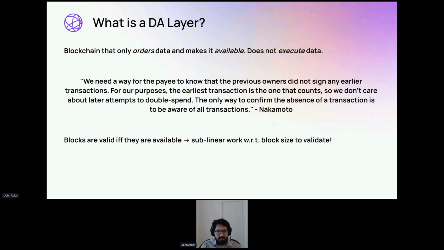This is, we need to see there's no double spending. For our purposes, the earlier transaction is the one that counts, so we don't care about later attempts to double spend. The only way to confirm the absence of a transaction is to be aware of all transactions.